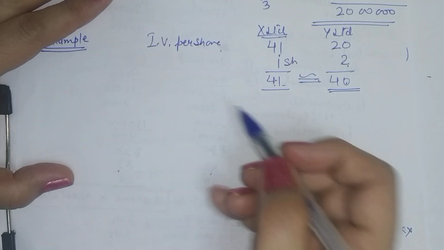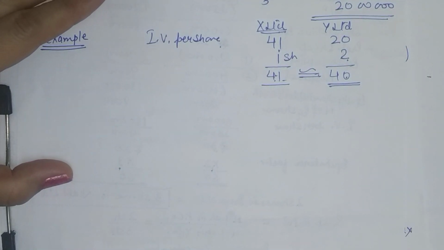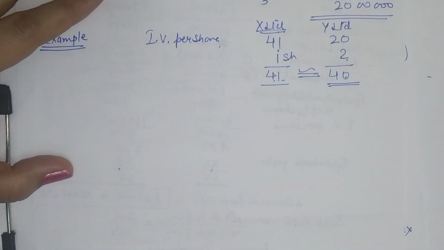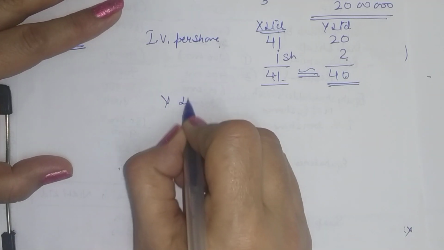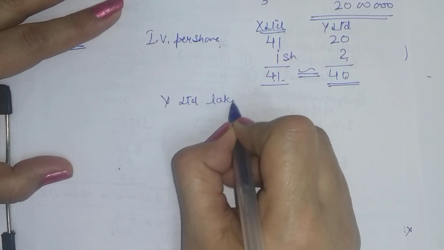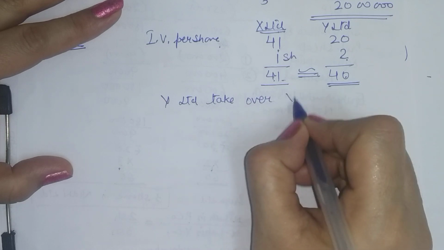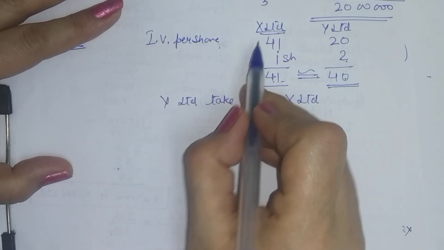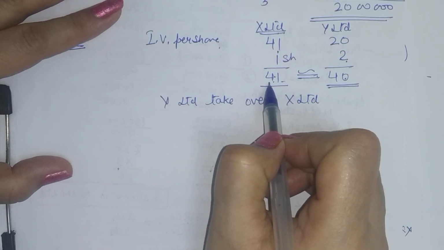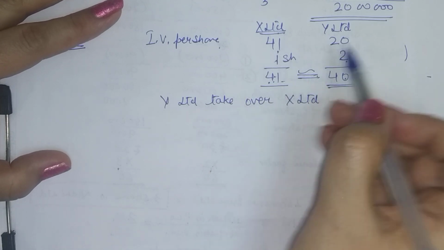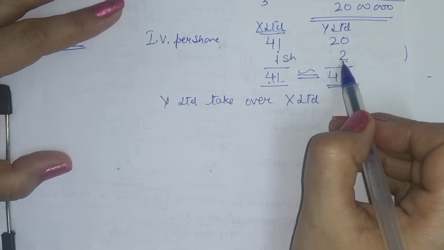So this may also include the cash component. Now say Y Limited is to take over X Limited. The shareholders of X Limited have a worth of 41 rupees in 1 share. But when they get shares in Y Limited, they will get 2 shares.